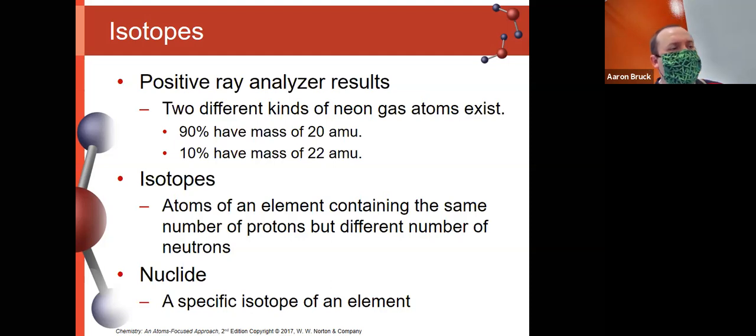Now, this is the kind of information that we're ultimately going to use to help us to draw some extra information out of the periodic table. So, first of all, the positive ray analyzer tells us that multiple isotopes exist for neon. That's our experimental evidence that we do have different isotopes.